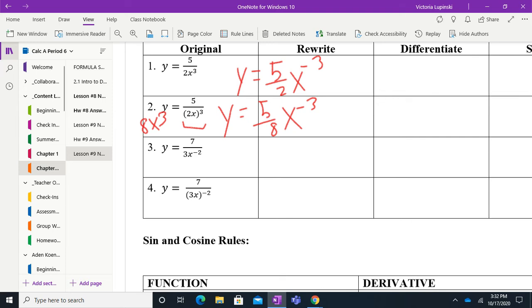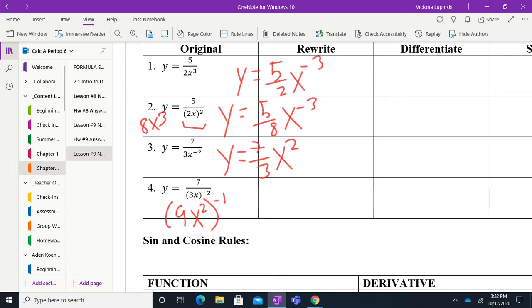For number 3, 7 over 3x to the negative 2, the way that you're going to rewrite that is you're going to leave that as 7/3. And then when you bring the x to the top, it's just going to be x squared. For number 4, because you have 3x, the whole thing raised to the negative 2, if you first go ahead and square the denominator, you're going to get 9x squared, still to the negative 1, because all I did so far was square it.